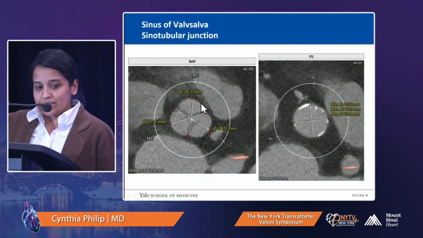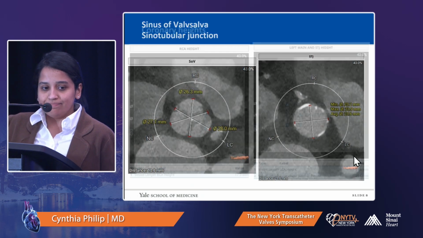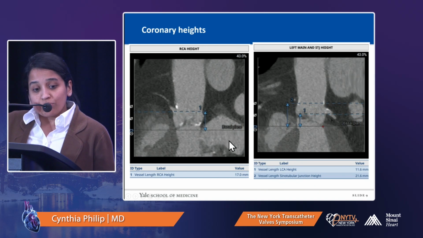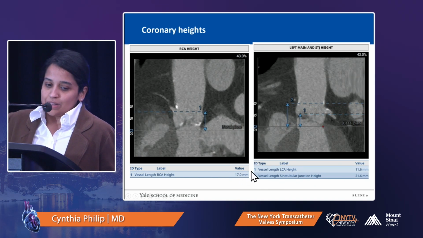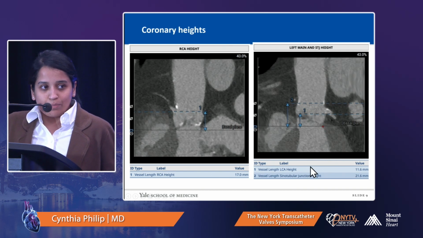And then her sinus was 26 by 27 by 28, and then her STJ was about 23 in diameter with some calcium, as you can see here. So her right coronary height was very reassuring at 17. The left coronary height was a little bit more borderline at 11 millimeters.